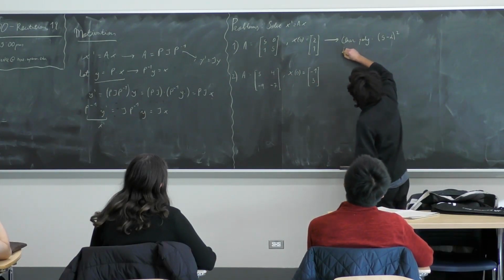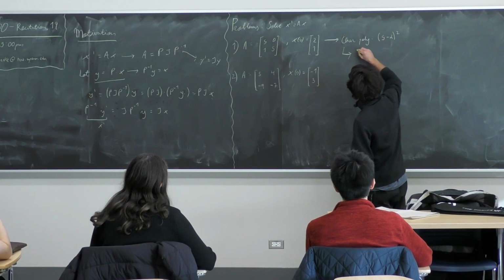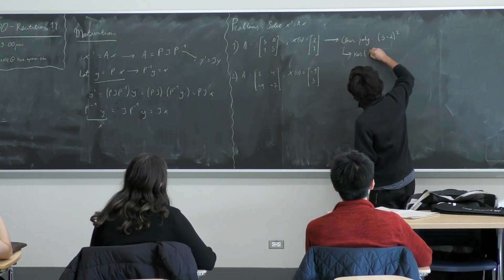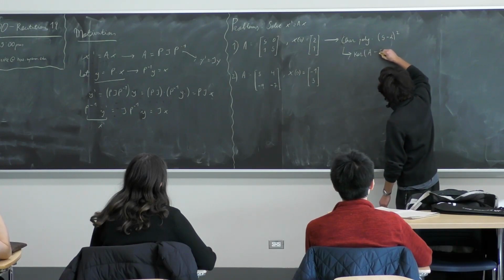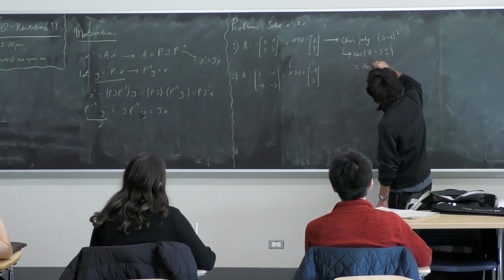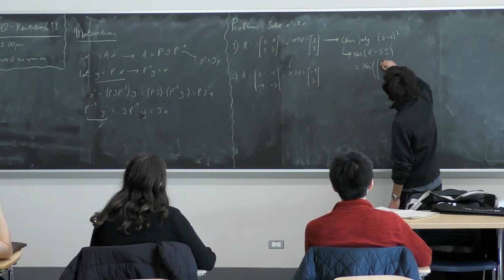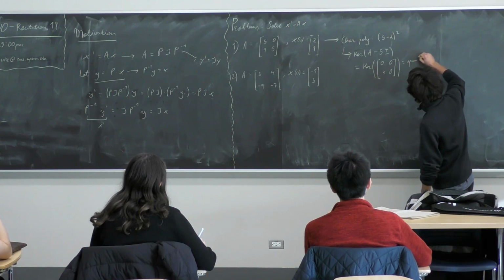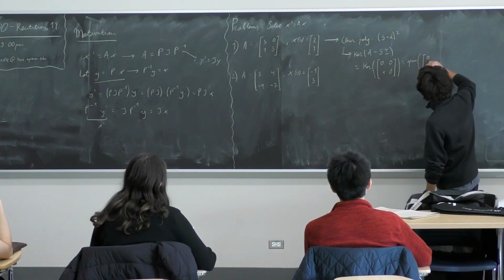So then if you want the kernel of A minus 5I, this is going to be equal to the kernel of the matrix 0, 0, 1, 0. That's going to be the span of the vector (0, 1).